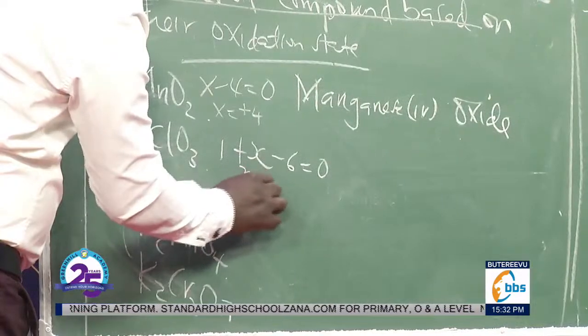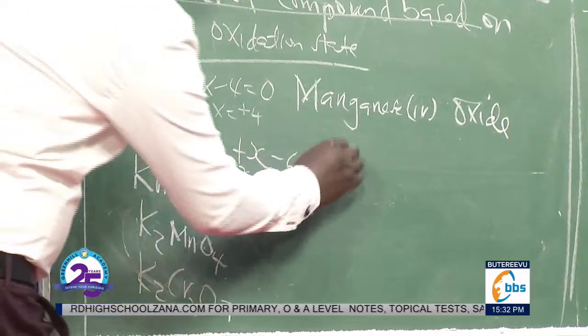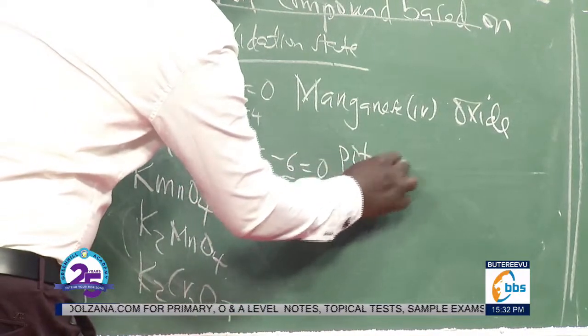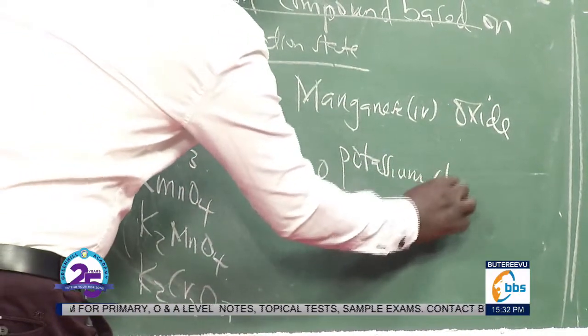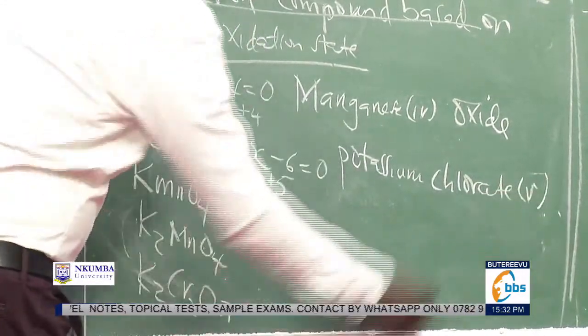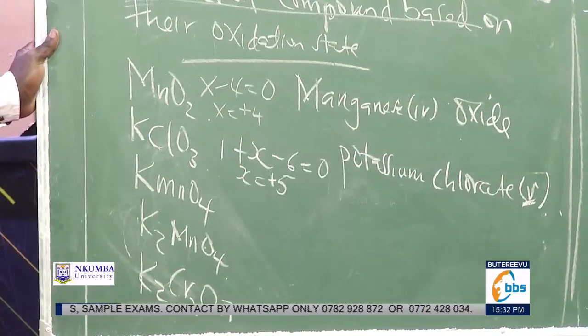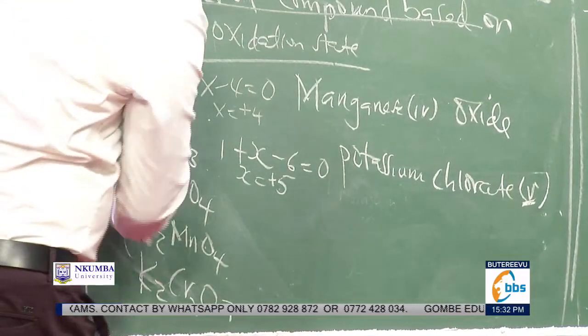So X equals to positive 5. So this one is called potassium chlorate 5. The 5 normally stands for the oxidation number of chlorine.